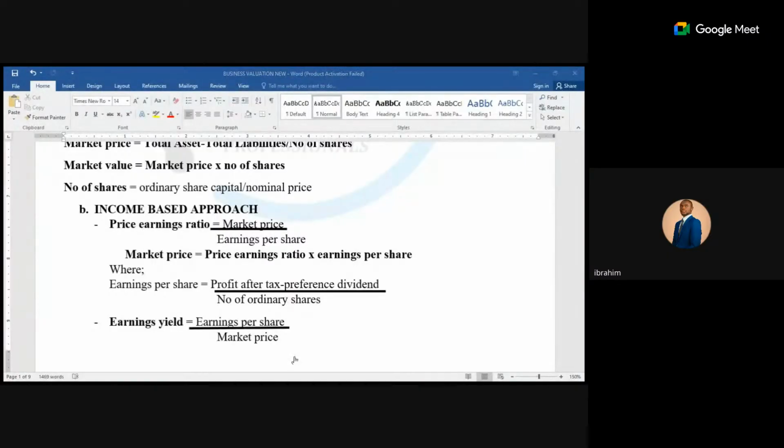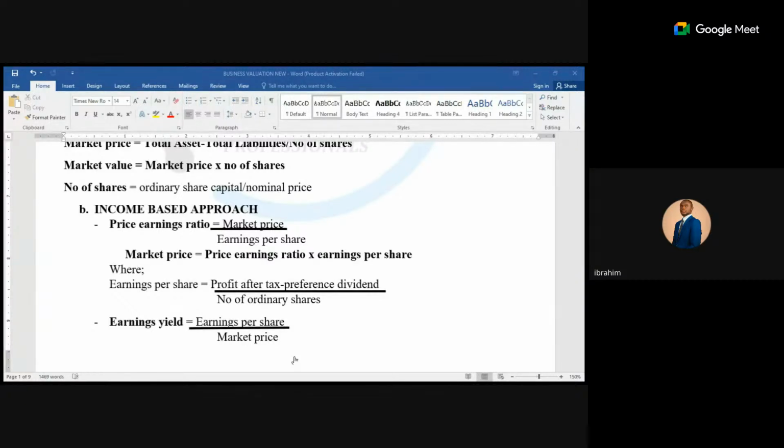So when they ask you to mention the disadvantages of the income-based approach, one of them is that it is accounting profit, and accounting profit is subjective. Class, how do we determine the value?